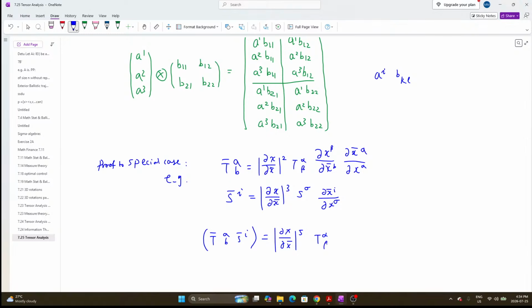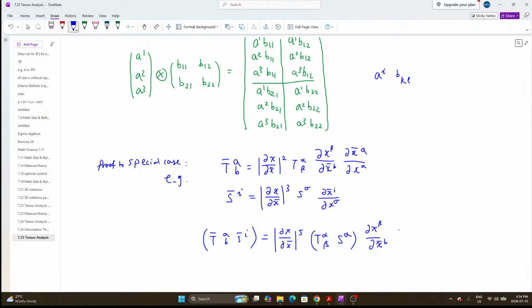You get dx over dx bar, determinant to the power of 5, T alpha beta S sigma, same object, and then you have the Jacobians: dx beta over dx bar b, that's the inverse Jacobian corresponding to the contravariant index.